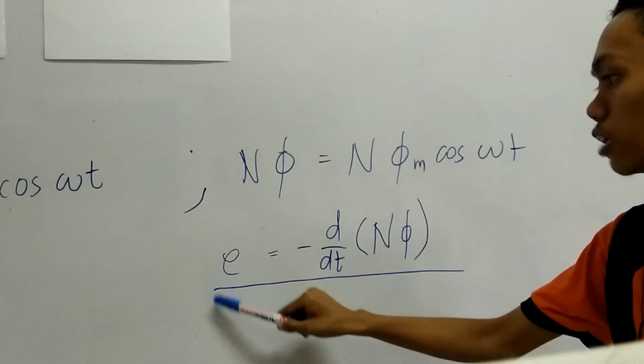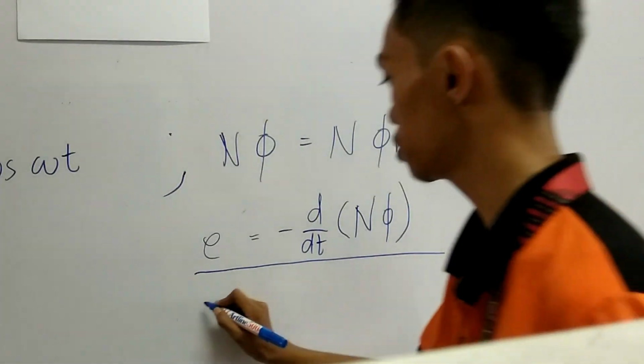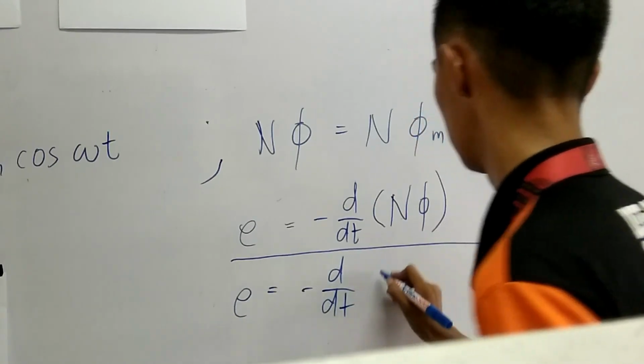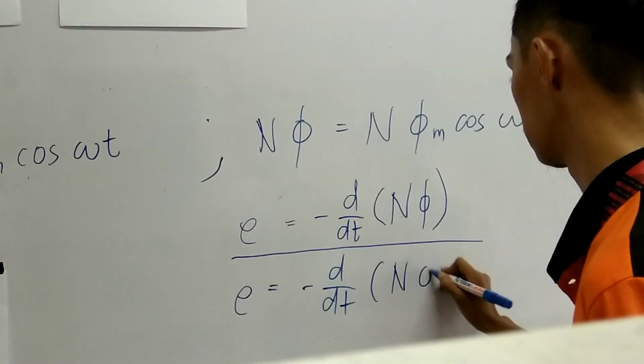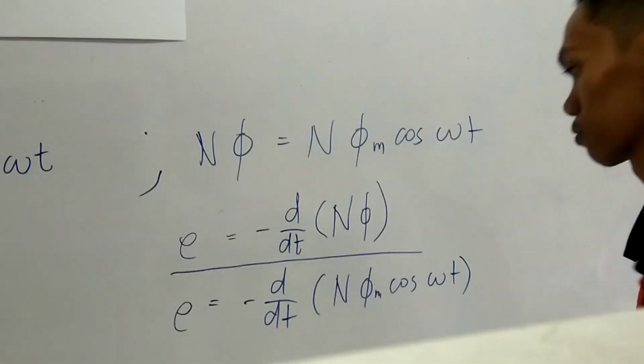From this equation of electromagnetic induction, we substitute. So this is N cosine omega t.